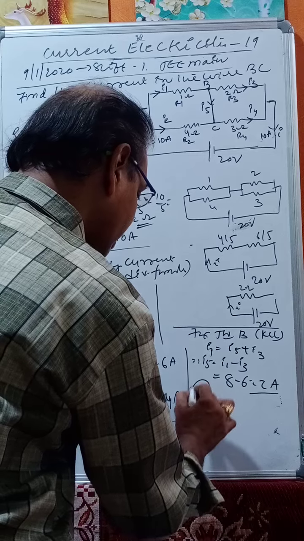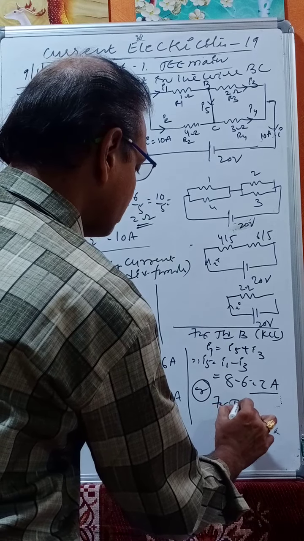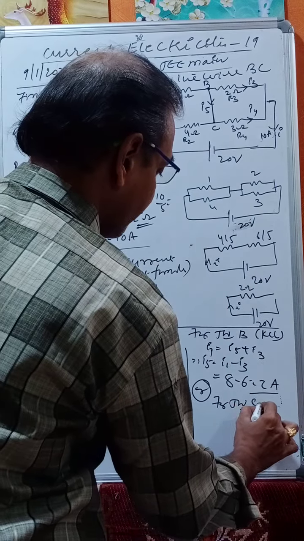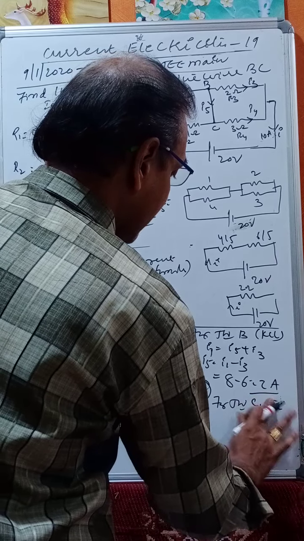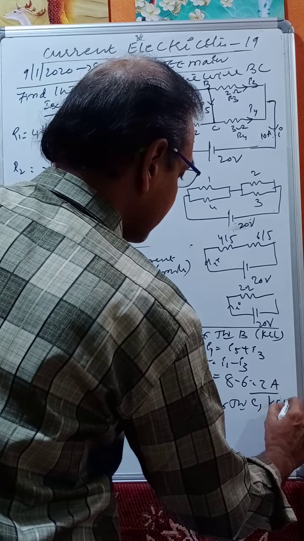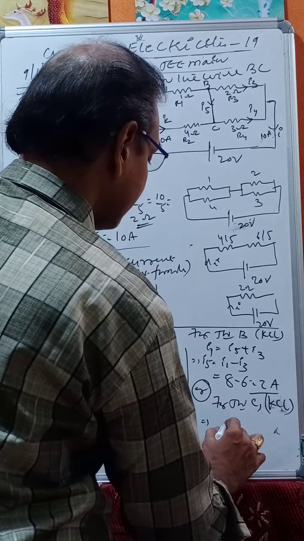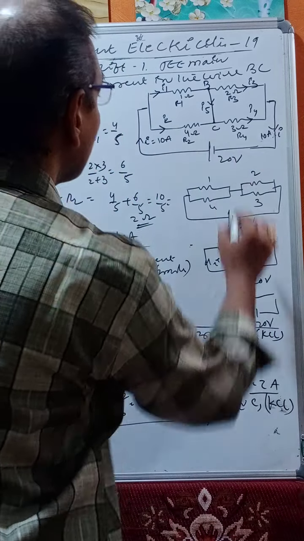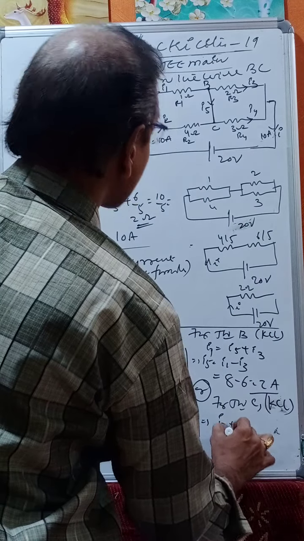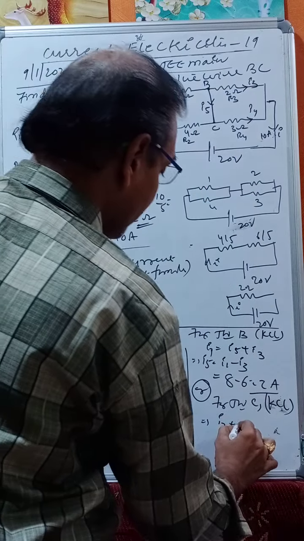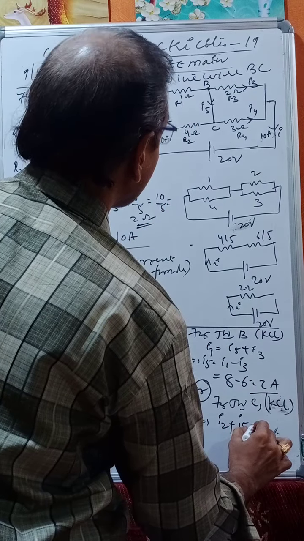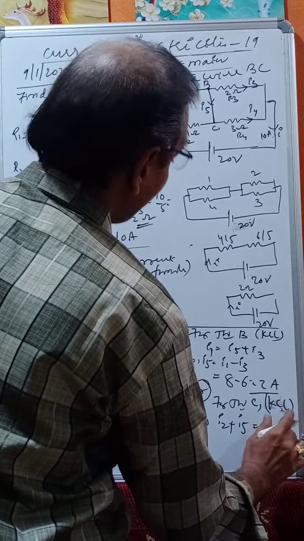For junction C, apply KCL. I2 is coming and I5 is also coming towards the junction, and I4 is going. I2 plus I5 is equal to I4.